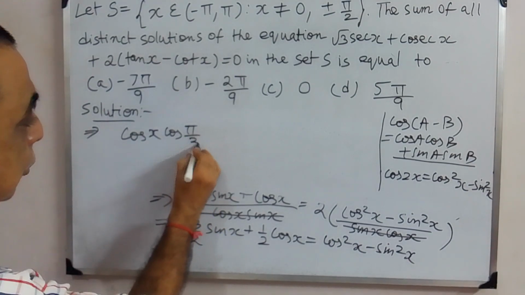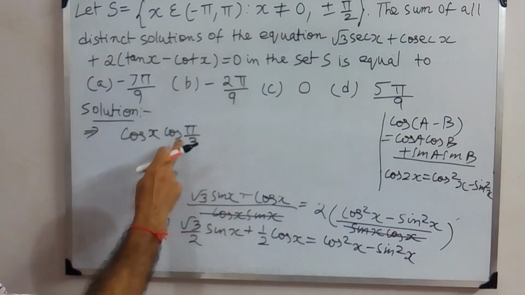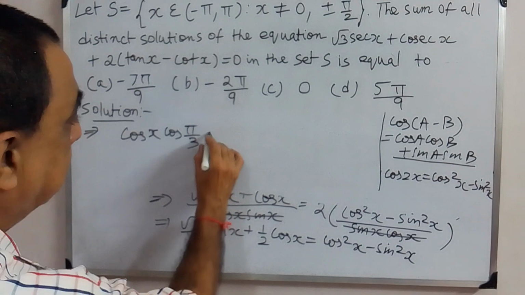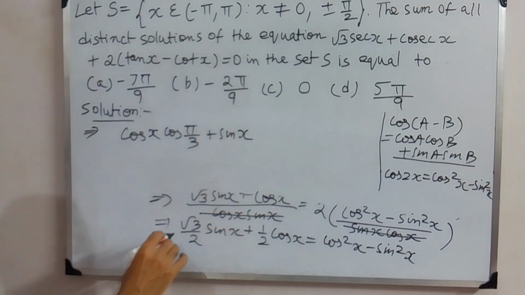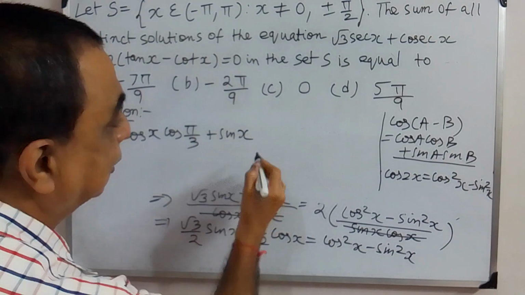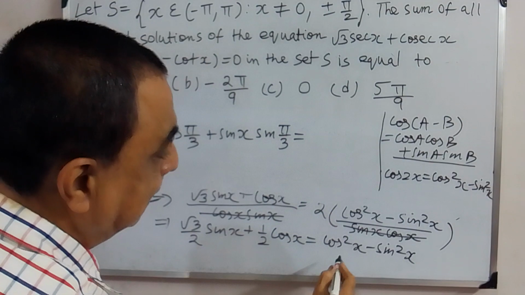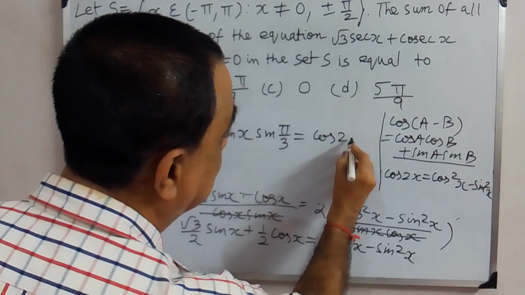Cos 60 degree value is half. So here for half I am writing cos 60. So this is cos x into cos 60, plus sin x into root 3 by 2. Root 3 by 2 is sin 60 degree, so sin pi by 3. And here cos squared x minus sin squared x is cos 2x.